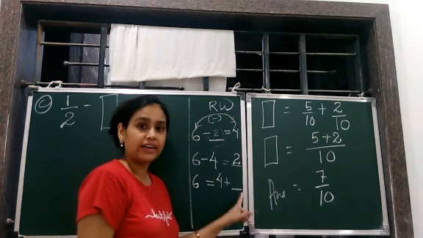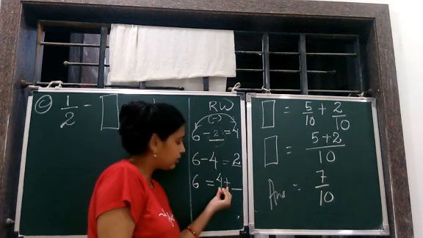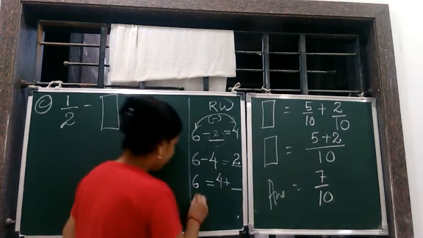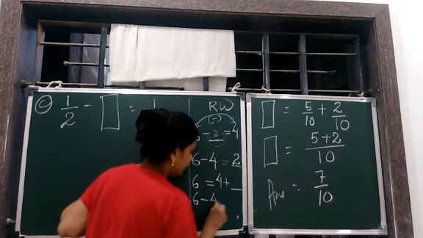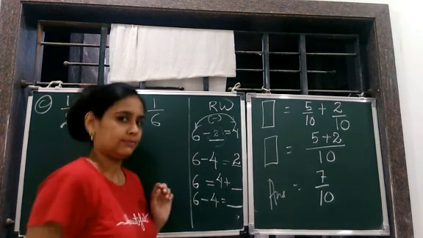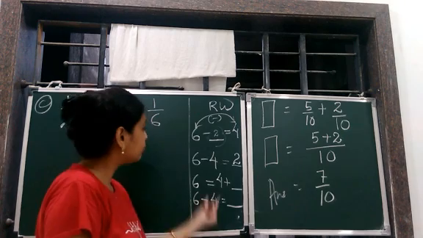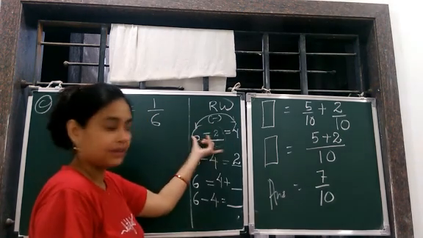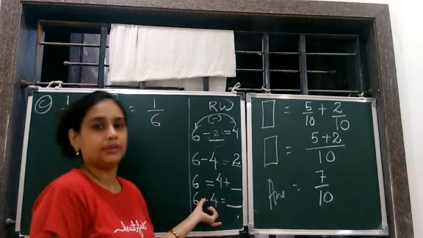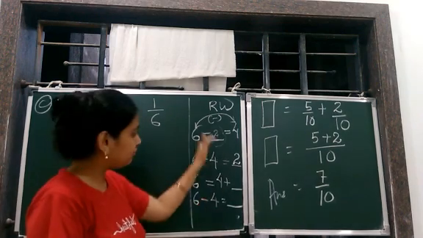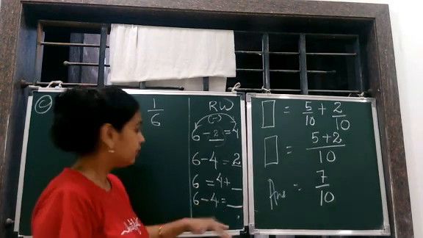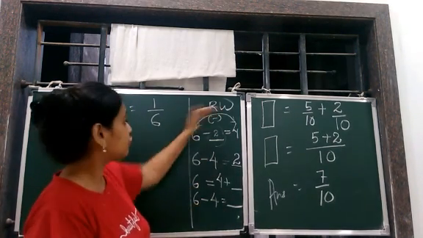But how to get this dash's answer? This 4 we shift here. How? Got it? That means we have to subtract. See what I explained. So this is the rough column of the example. Okay? To know how to subtract.